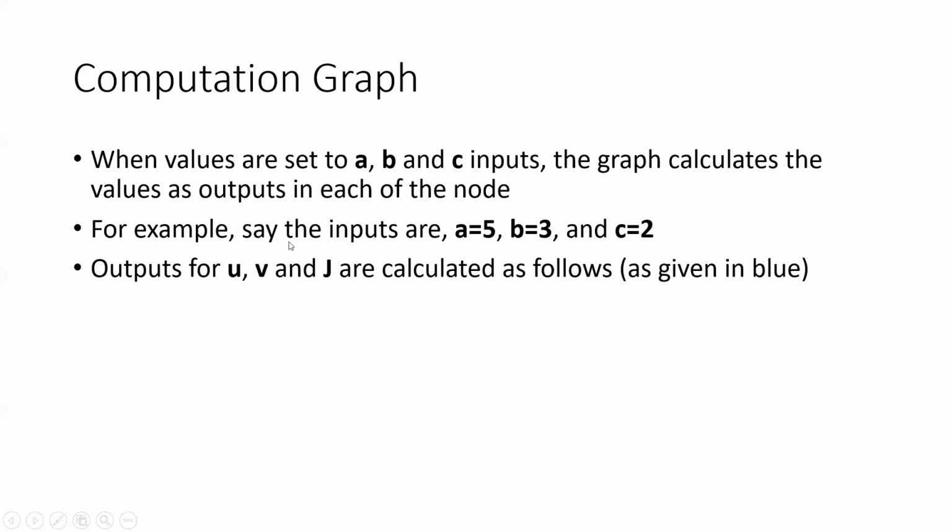In this example, we take a equals 5, b equals 3, and c equals 2, and calculate the intermediate variables u and v, and finally the j variable.